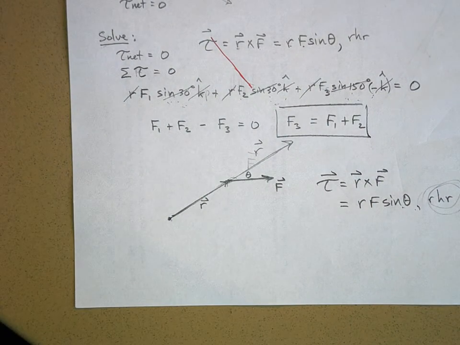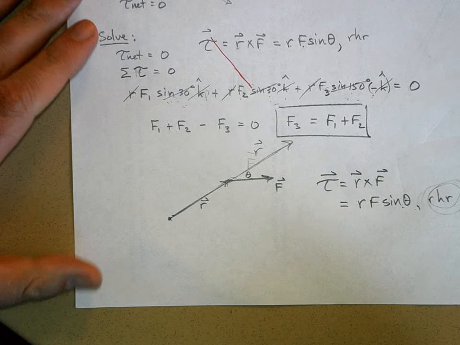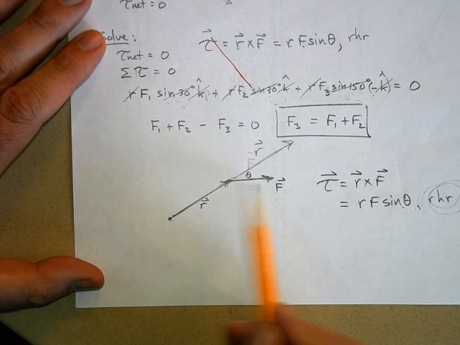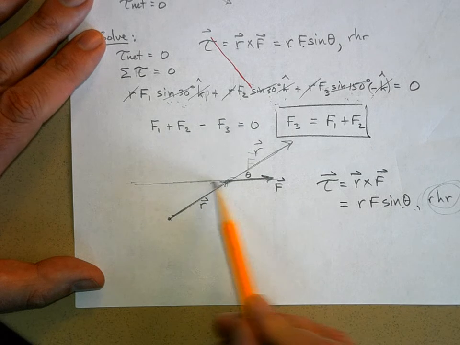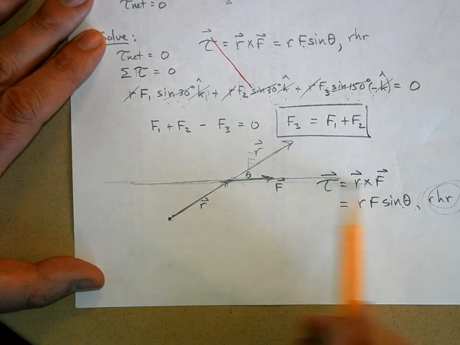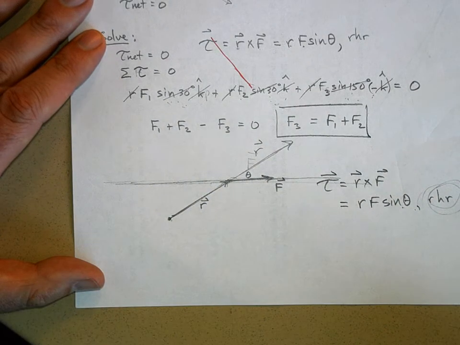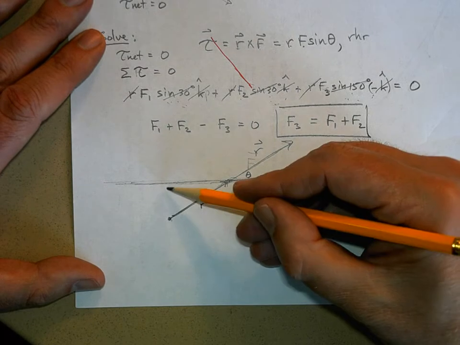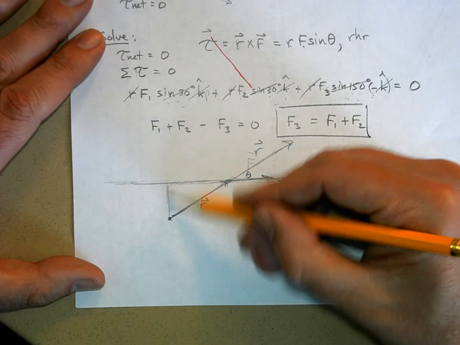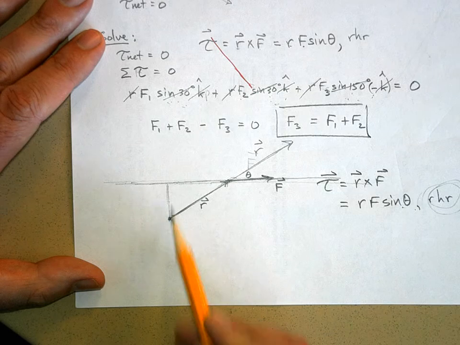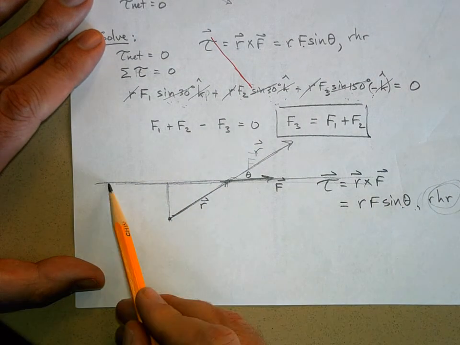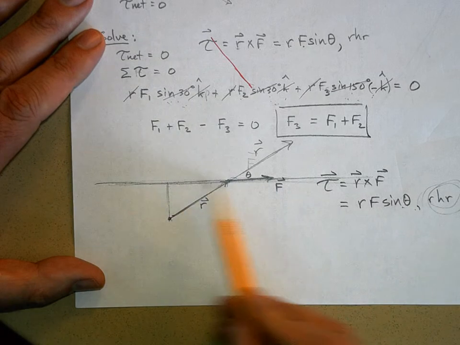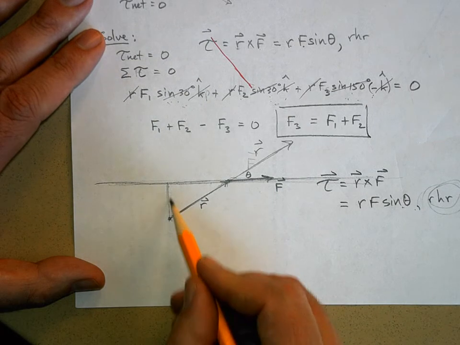Well, let me show you something. Here's a little trick. Let's extend F along this line right here. And then I'm going to make a right triangle where this distance here is the closest distance to this line that F is parallel and on top of, right here.